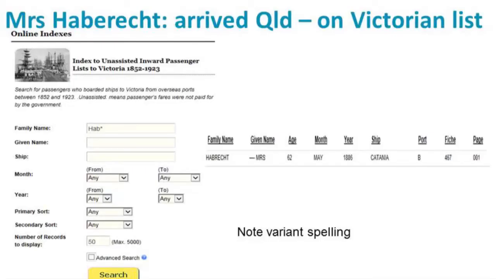Okay, this is another version for a German person. It also covers what we were talking about before, where people who might have arrived in Queensland, the records are going to be recorded in a different port. So we were looking for a Mrs. Harbrecht, who arrived in Queensland.